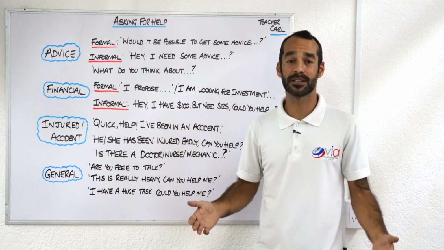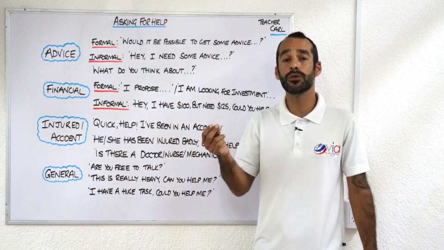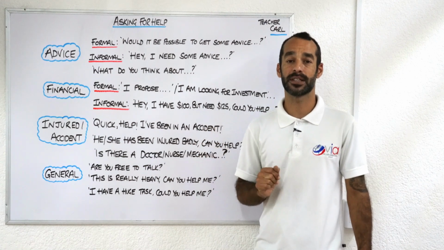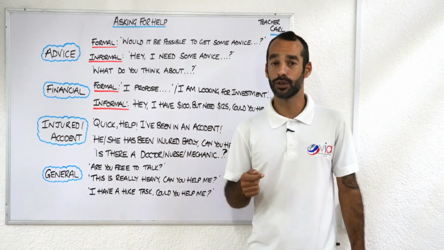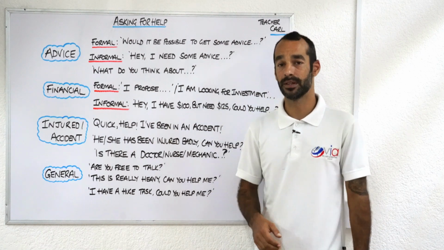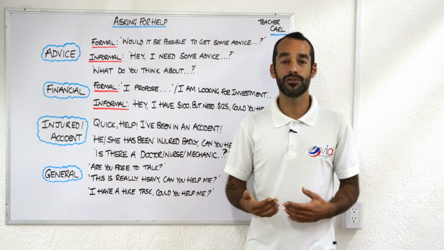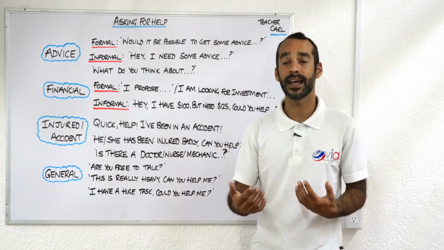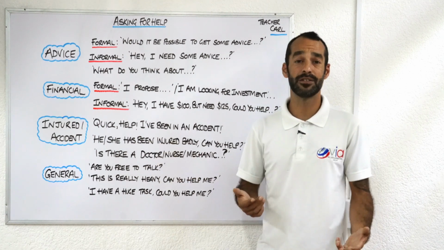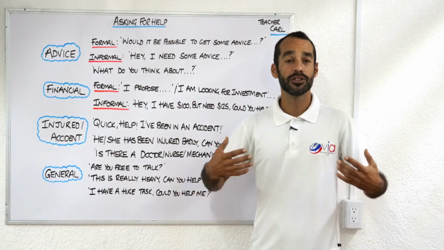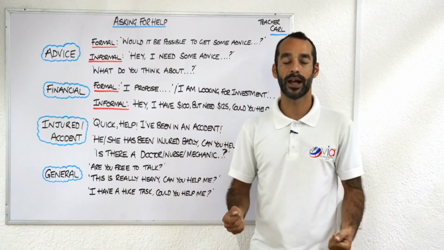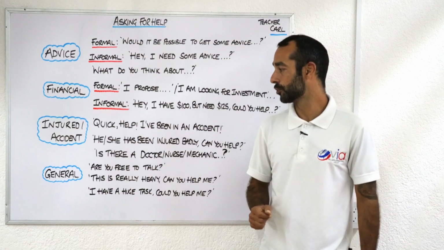Well, I've been in an accident. That kind of thing will usually immediately get people's attention and hopefully there'll be some good Samaritans around that can help in the situation. Or maybe there has been a significant injury, so you may want to say that he or she has been badly injured. Can you help? So here you're just looking for general help in any way possible.